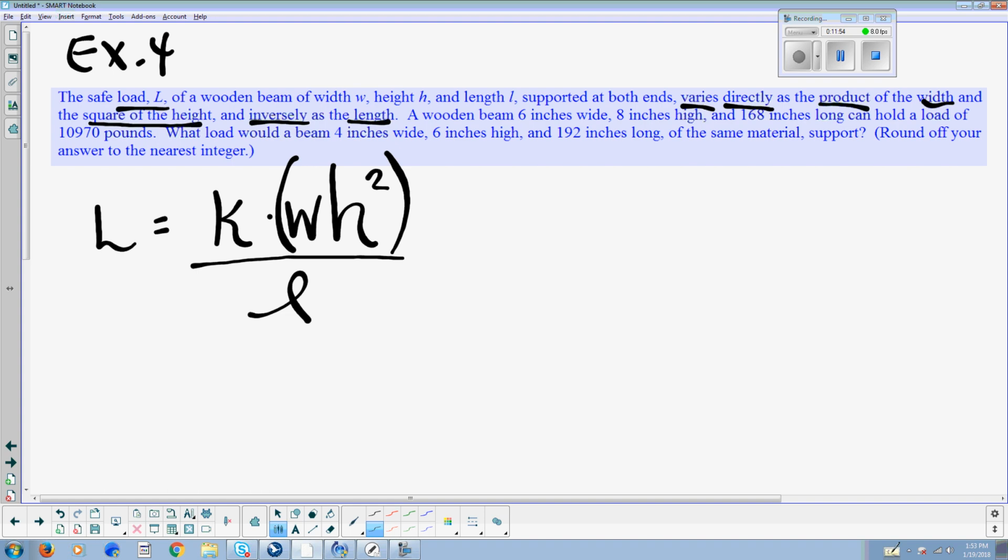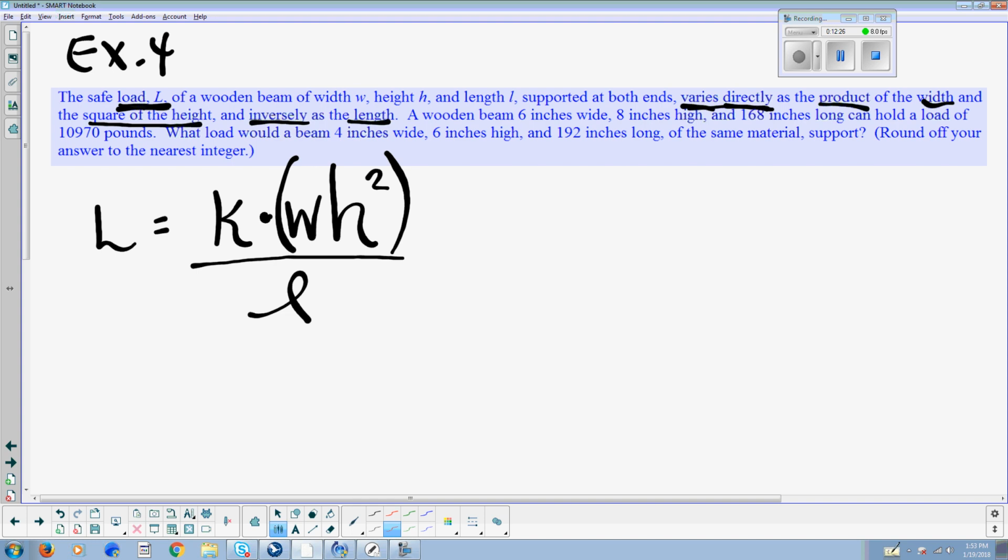But when you break it down to the parts, the load L varies directly, that means k times, as the product of the width and the square of the height, so the width and the square of the height is W H squared. And inversely as the length means k divided by L. So there's our formula.